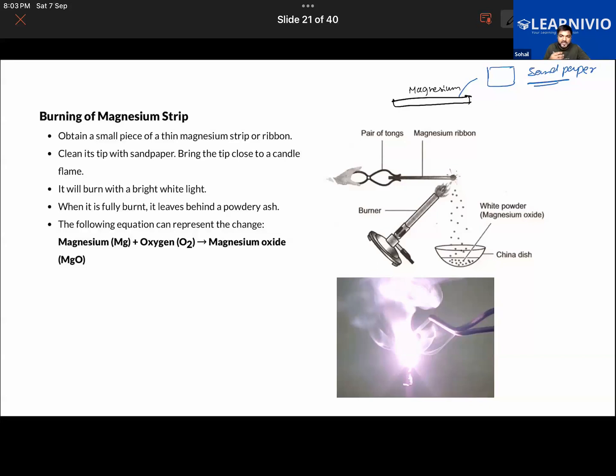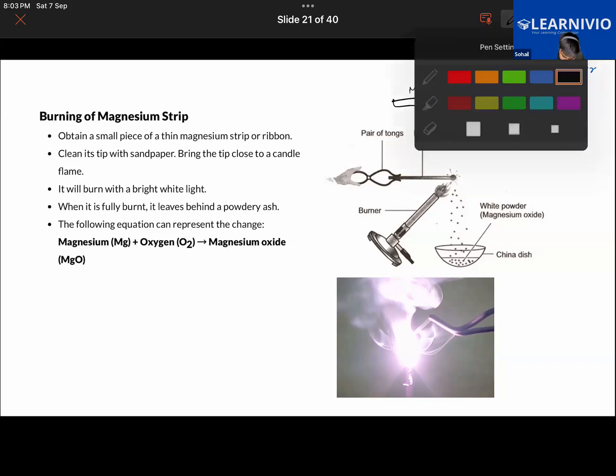If the magnesium ribbon is left open in the air for so long, it will start to react with the air and develop a layer of magnesium oxide. So in order to burn it properly, we need to scrape off that layer of magnesium oxide from it. Getting the point of what I'm trying to say?